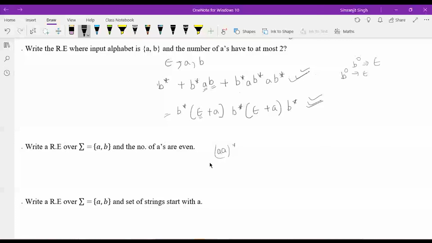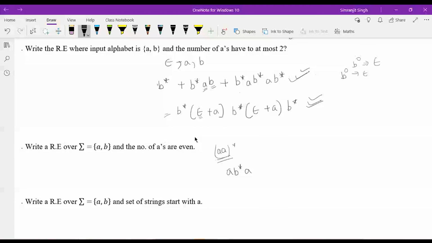Sir, in Fanendra's expression, can you check for B A B B? So it is at most B A. Yeah, that is not possible here.